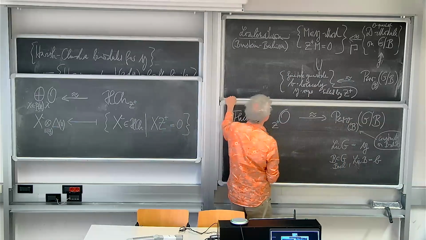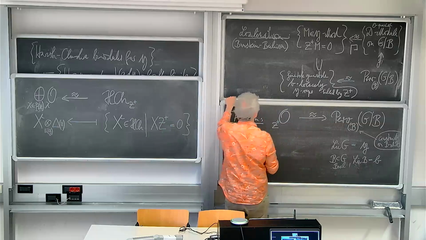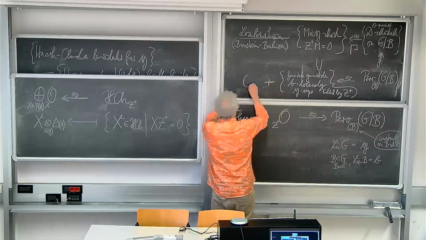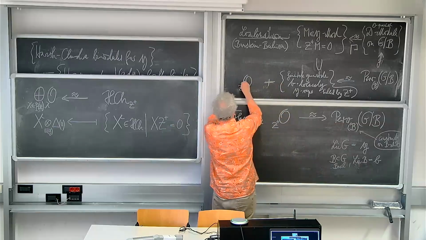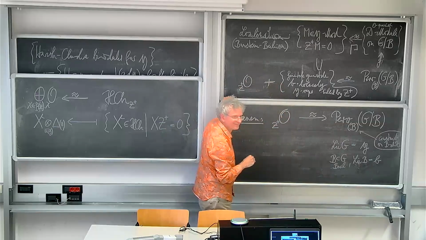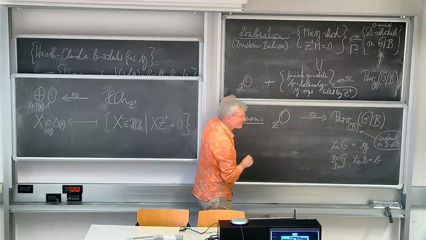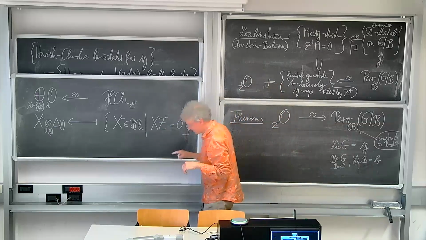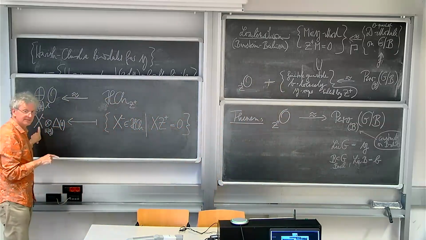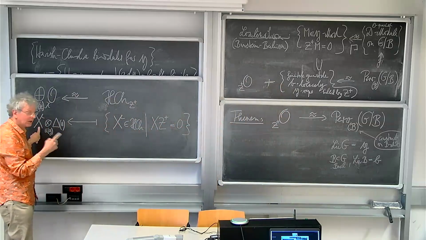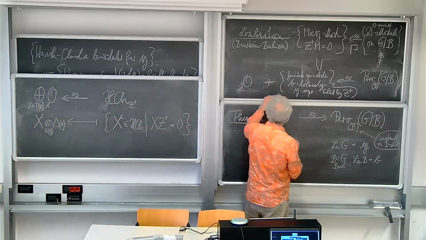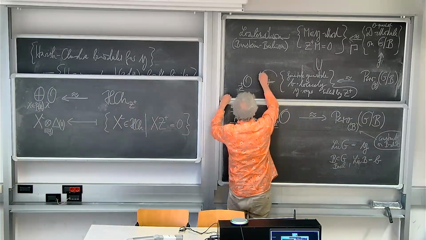This is what we get here. And now this is not equal to category O. It's just not, because this category O is Z plus. The objects of this category are not killed by the center. Category O does not kill the center, but this does. But happily enough, there is an equivalence.